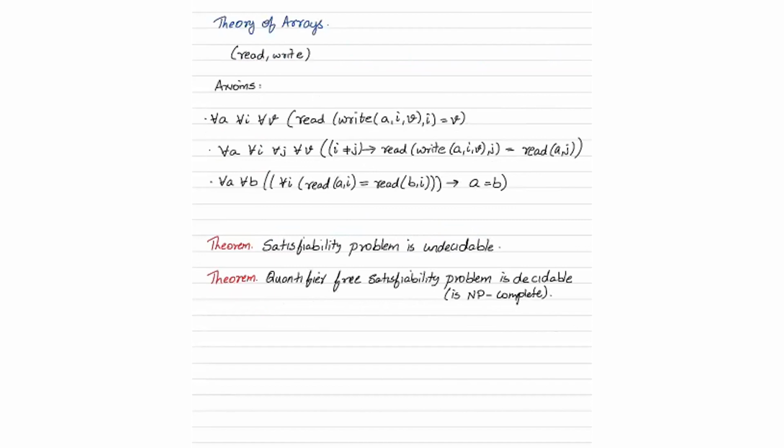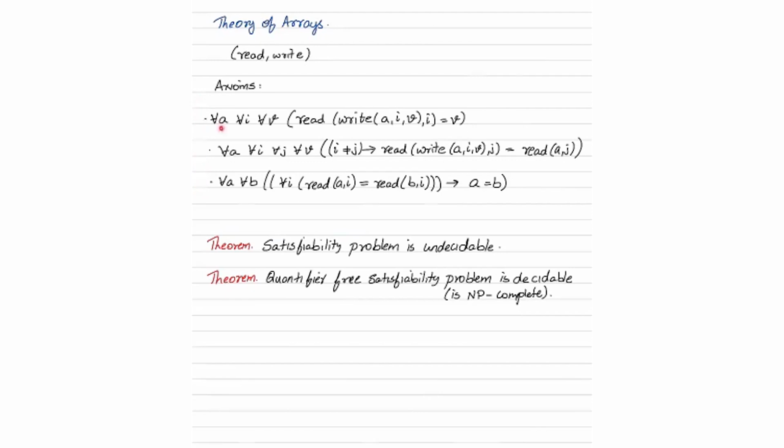You can also have theories of, let's say, arrays or other data structures, right? So in the signature, there are two operations, read and write. Again, I'm doing a bit of hand waving because I'm assuming that there is this theory of integers which is already built in, with ordering and so on. And let's look at these three axioms. These three axioms basically say the following.